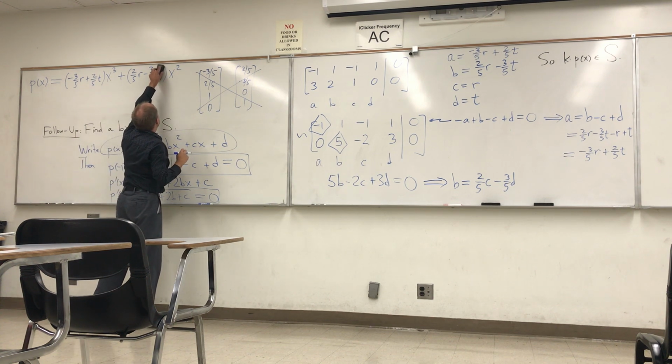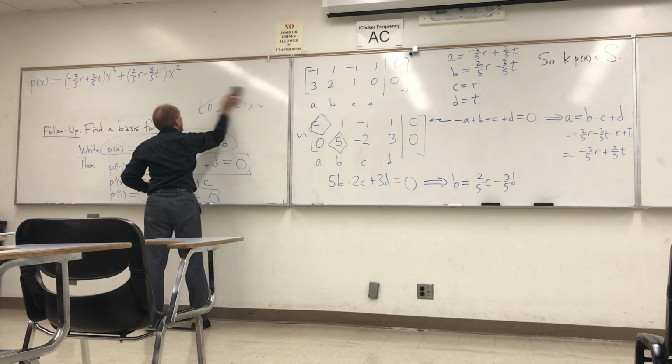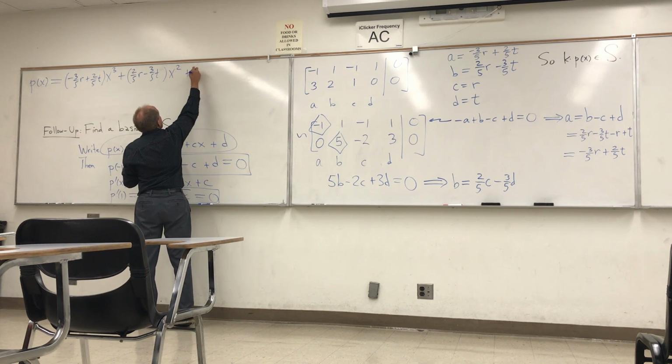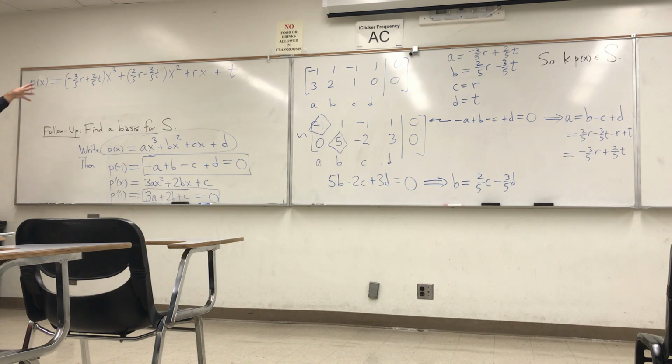Whoops, that's T. And then plus R times X, and then plus T. So you have to just write the polynomial with the A, B, C, and D written into it.